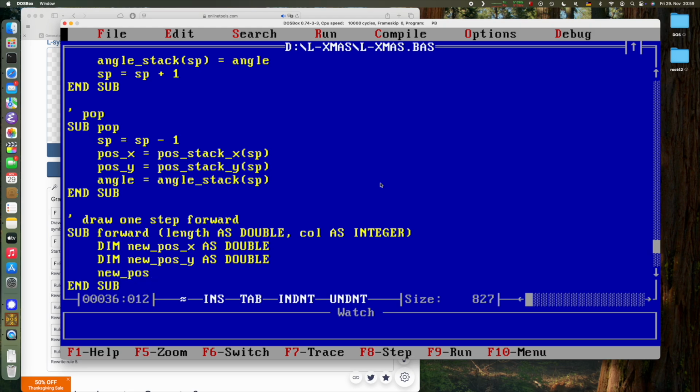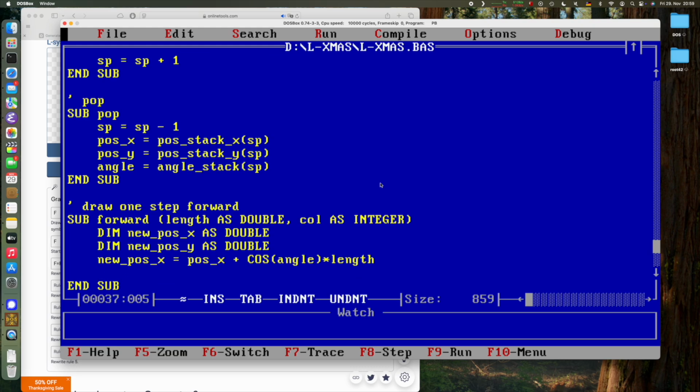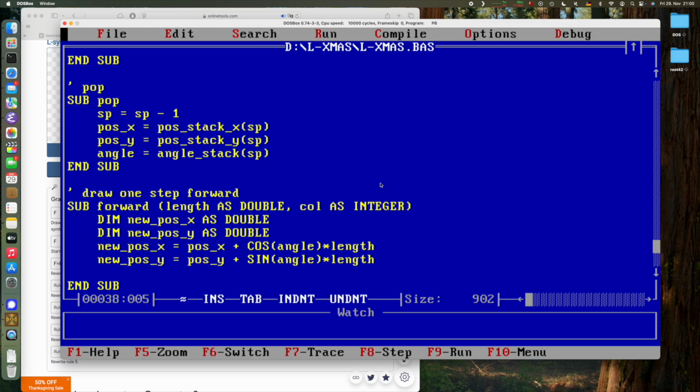And the new x position is the old position that is currently there, plus the rotation around the angle. For the x, that's the cosine, times the length, which is the scale times the global length that we defined. But you will see that in a second. Same goes for the y position, but this time, of course, with the sine to get the rotation. And that's that.